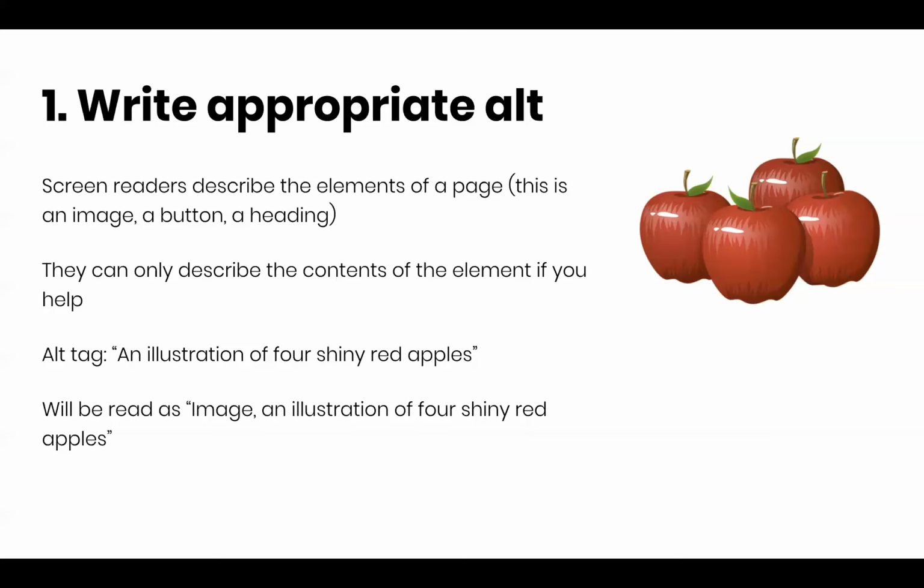So in this case, I might say an illustration of 4 shiny apples. If it was actually a picture of apples, maybe I would just say 4 shiny red apples. So then the screen reader, because you added that tag, will actually know what's in it, and it will actually voice that to the user.